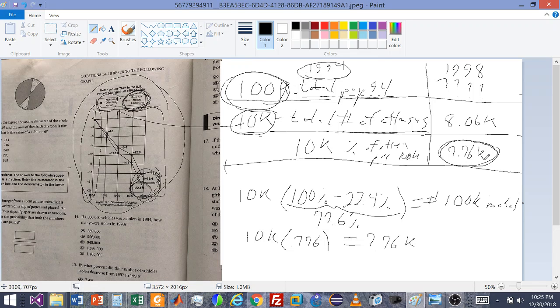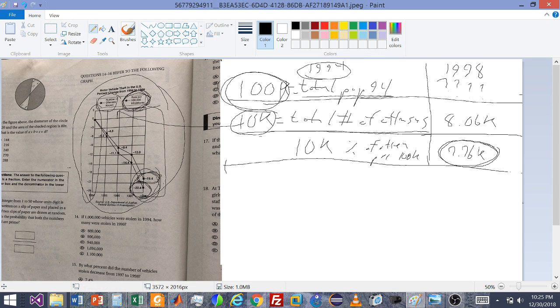So here's a good place to pause it if you need to catch up with the numbers. So let's set up that final equation. We don't know the total population in 1998. That's this number.